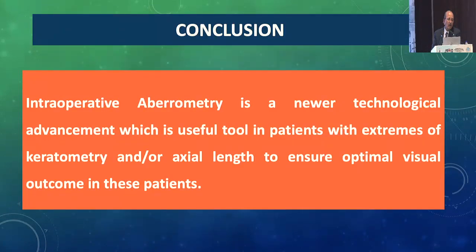In conclusion, intraoperative aberrometry is a newer technological advancement, a useful tool in patients with extremes of keratometry, where RK or another refractive procedure has already been done, or with axial length problems, to ensure an optimal visual outcome in these complicated cases. Thank you very much.